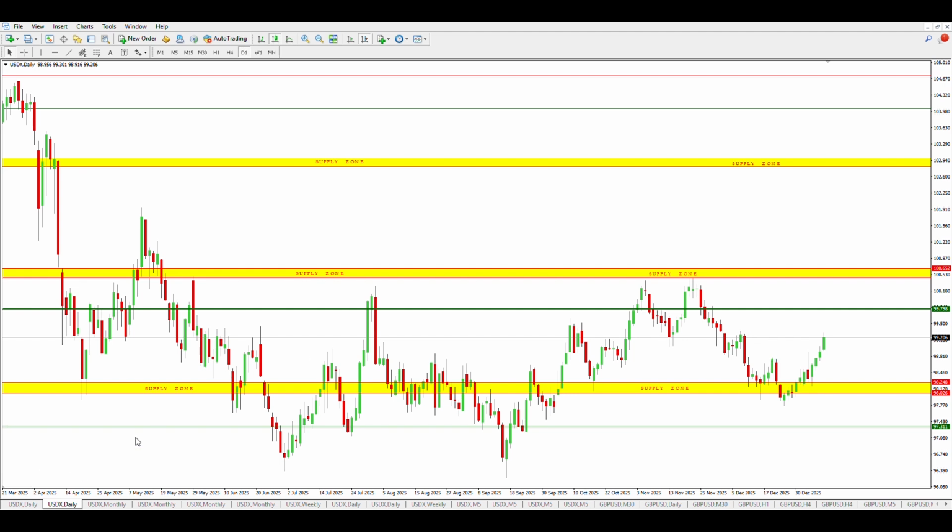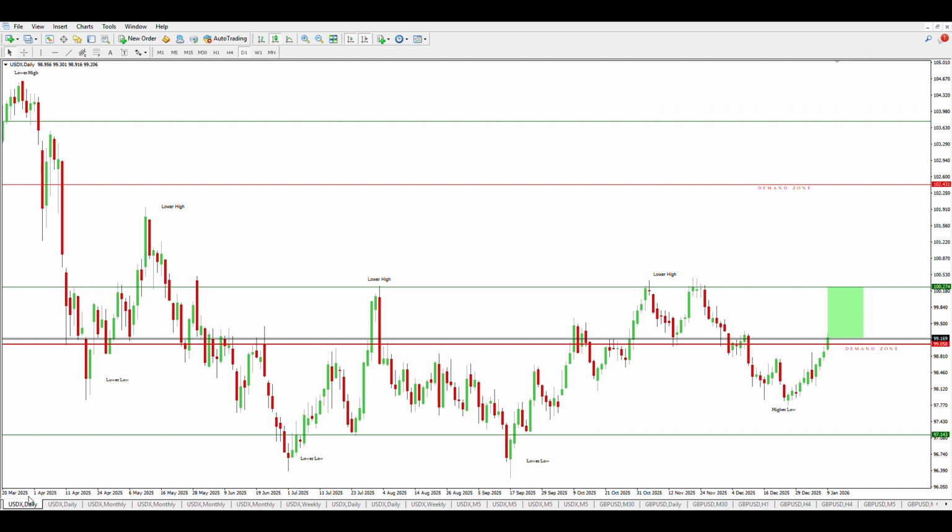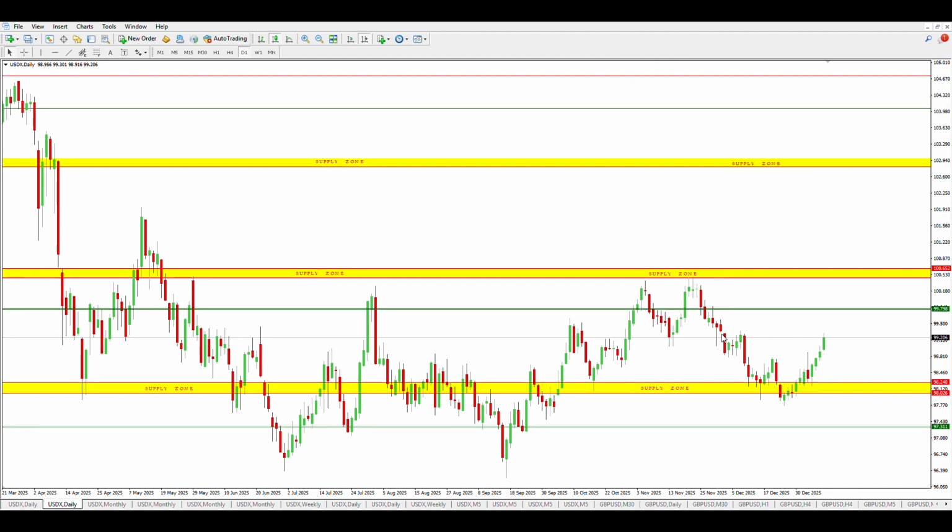If the market is moving in a bullish momentum, we look at the demand zones and anticipate price moving from one demand zone into the next. If the price is going bearish, we observe the price moving from one supply zone into the next supply zone. That's how it is.